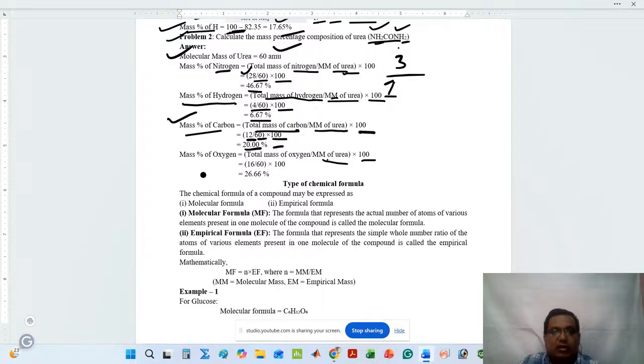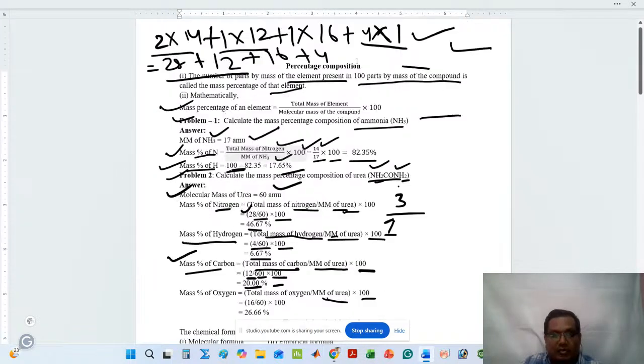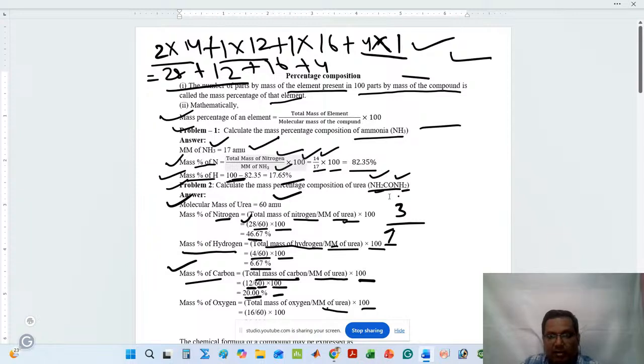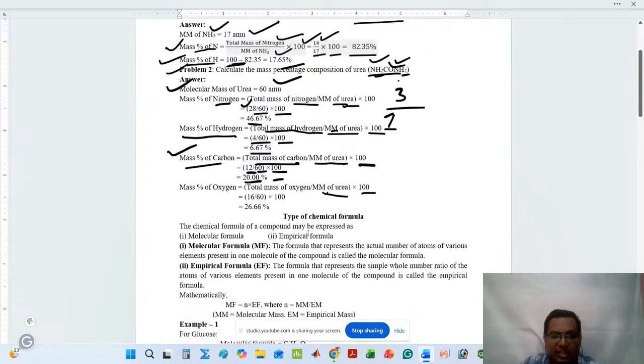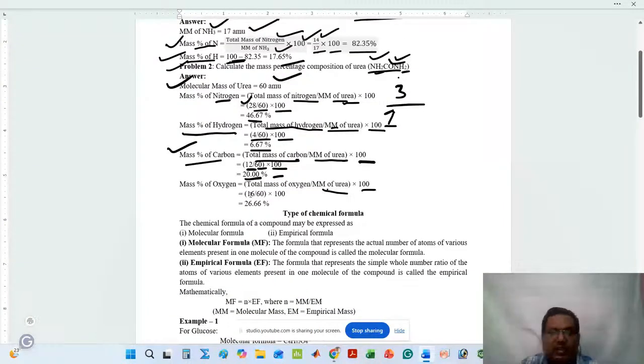In the formula, one oxygen atom is present, so here I can write 1 into 16, that means 16. Molecular mass of urea is 60. So here I can write 16 divided by 60 into 100. After calculation, you are able to find 26.66 percent.